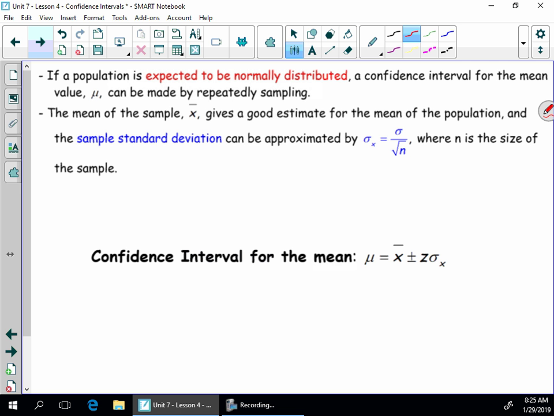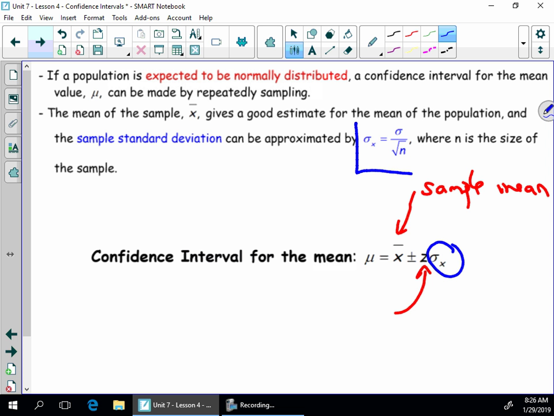Well, our big idea is I take my sample mean. So when I talk to my people, what do I find for their average? I use my z-score again, how confident I want to be. And here's the one new thing. I multiply it by the standard deviation of the sample. Now, that's a little tricky, because my sample doesn't actually represent the population.